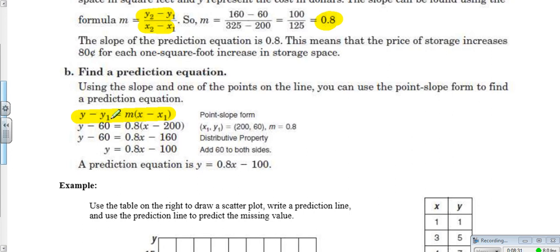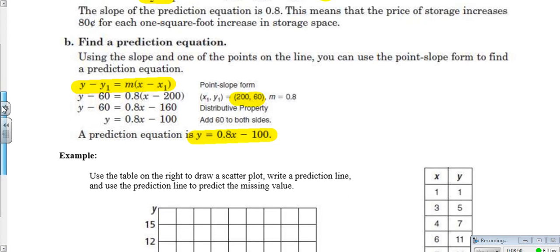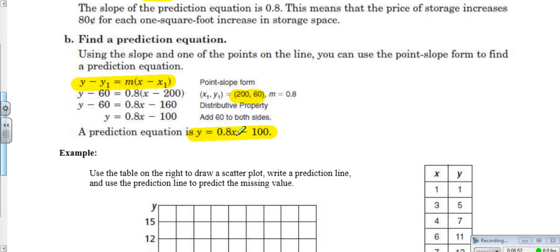We plug in one of the 2 coordinates. They chose 200 and 60 for x and y. That's this point they chose. And plug that in and solve for y, and you get your equation. And this represents your prediction line or line of best fit. And they call it a prediction line because you could plug in a square footage for x, and from that you'll find out what it will cost you, approximately.